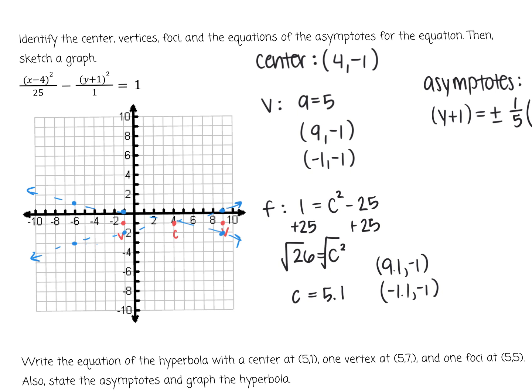And then our hyperbola is opening left and right, and it's going to be a very, very skinny hyperbola since our asymptote slope is so small. So a very, very tiny hyperbola that we're going to graph.